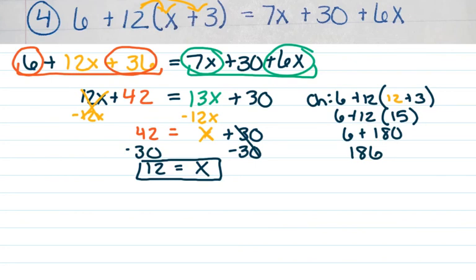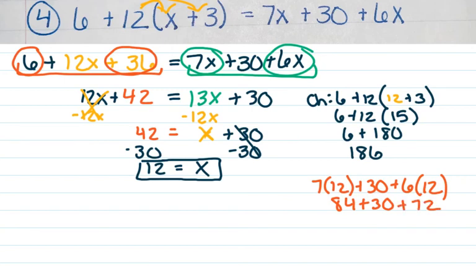So now let's try the right here. So we have 7 times 12 plus 30 plus 6 times 12. 7 times 12 is 84. And then 6 times 12 is 72.